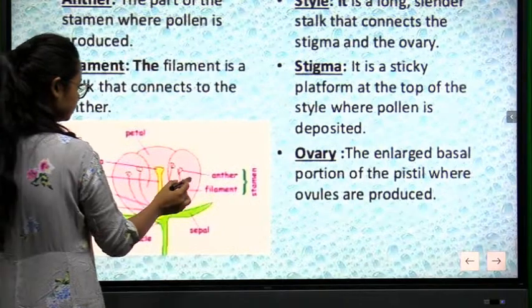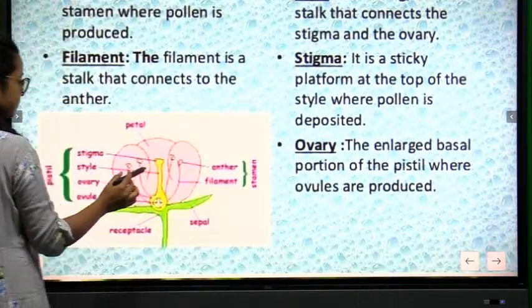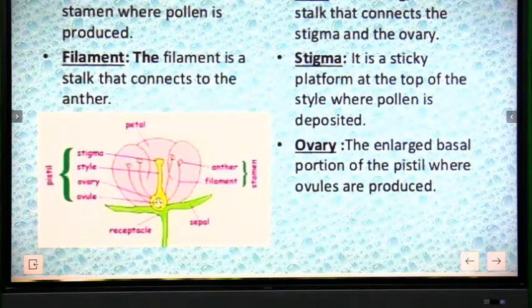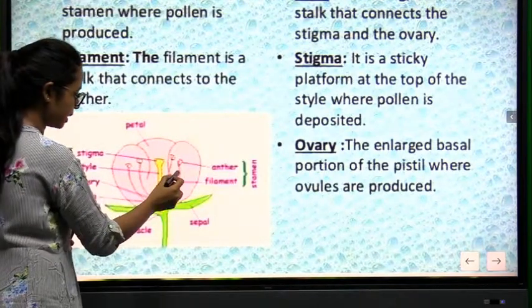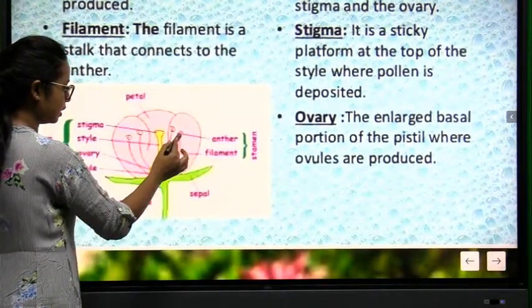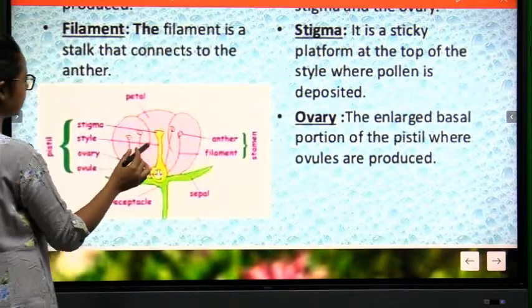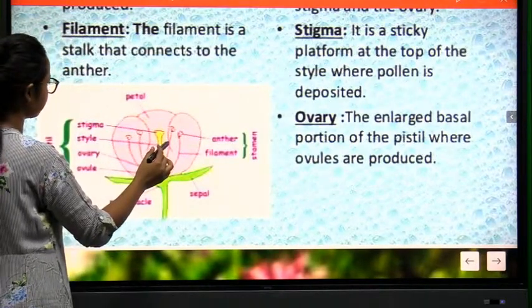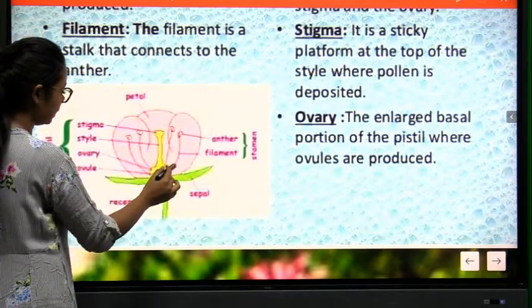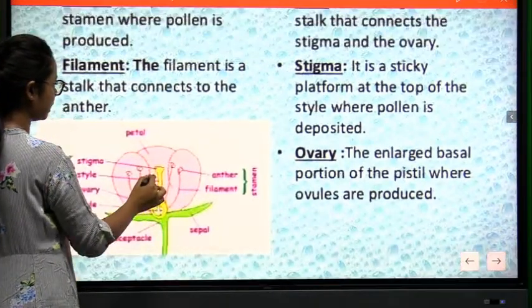This is an anther part. After that, filament. A filament is a stalk that connects to the anther. This part connects to the anther, and the part which connects the anther is called filament. This connectivity is called the filament.